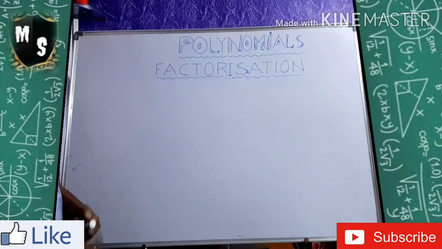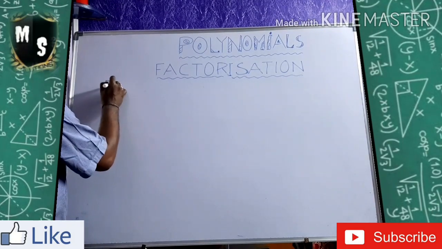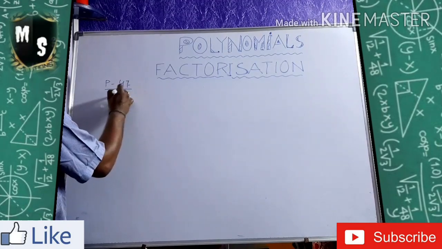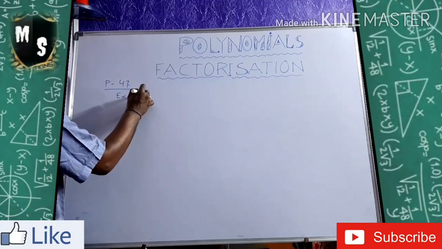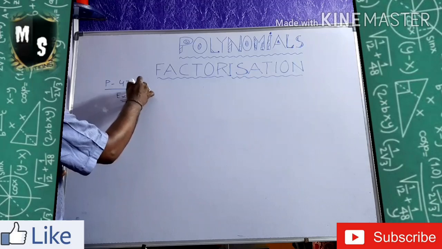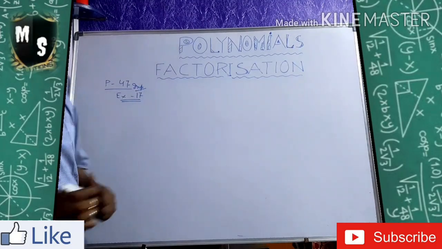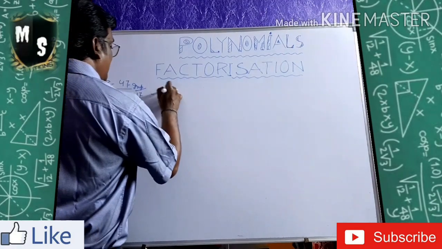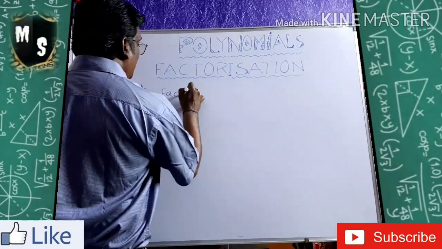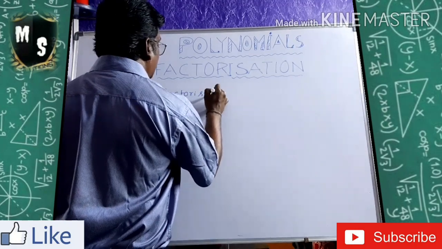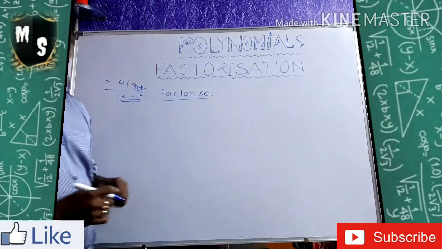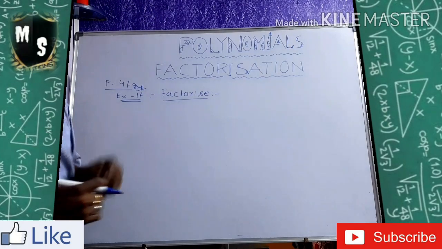Example 17, page number 47. Please see page number 47 and example number 17. It is an important example for you. Clear? What is written there? See, factorize. Directly it is given to you. What is to be factorized? That is x cube minus 23x square.